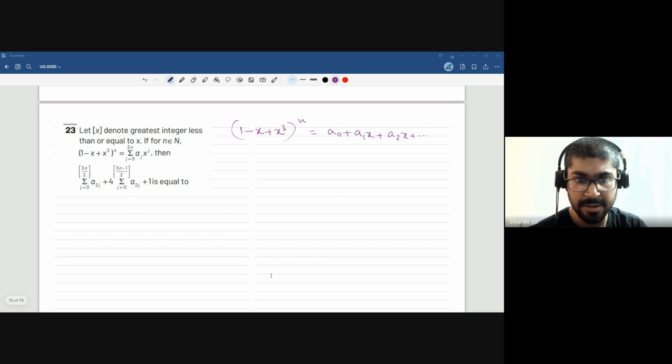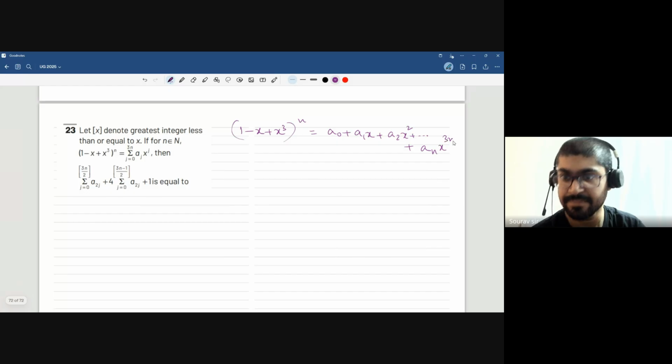So 1 minus x plus x cube to the power n, the expansion will be something like this, right? a0 plus a1x plus a2x square and so on. Of course, we don't need to do these, but if there are 3 terms here, it will end at 3n, so it will be a3n x to the power 3n.